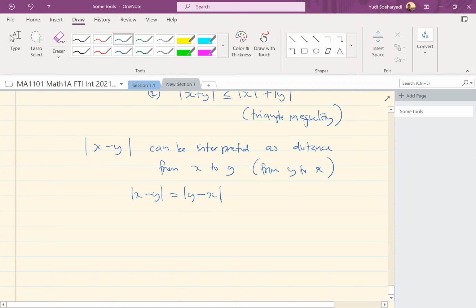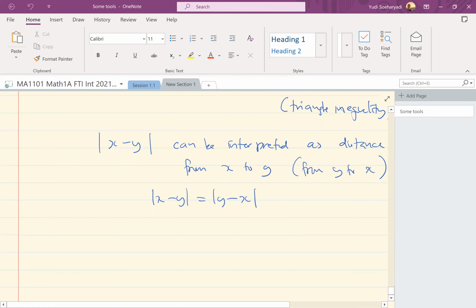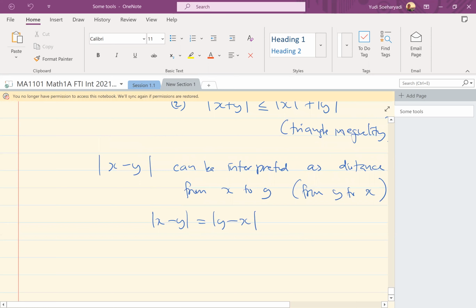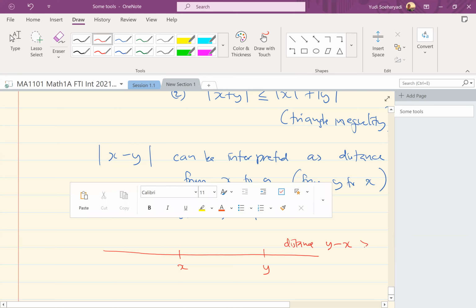Here, x and y in these positions. If you compute the distance, you subtract x from y, so this one is positive.